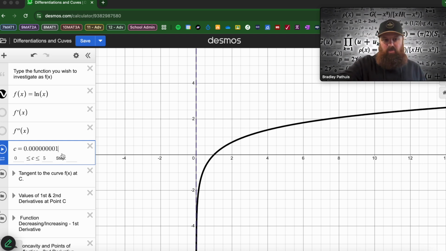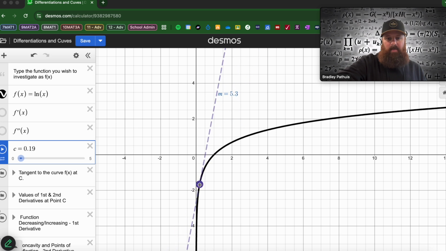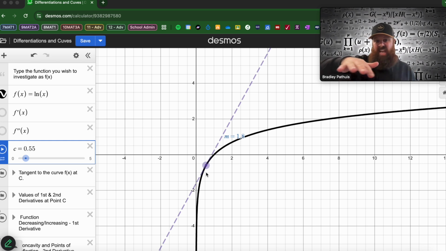And we can see that very close to 0, our tangent is really close to vertical, and it's increasing at that point. So if we think about sketching our derivative function, its value very close to 0 is very close to positive infinity. As we start sliding our way back along the curve, we can see the gradient of our tangent is decreasing.